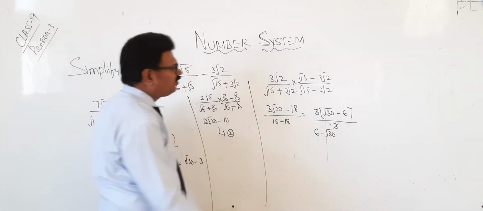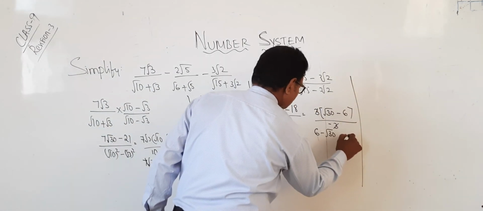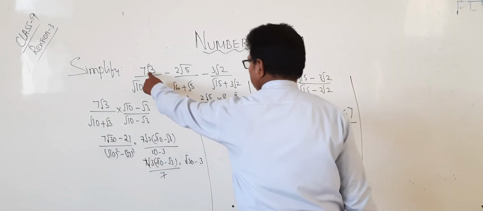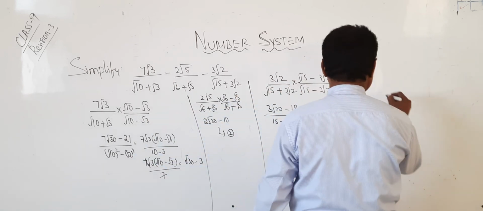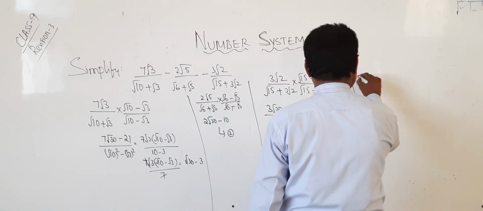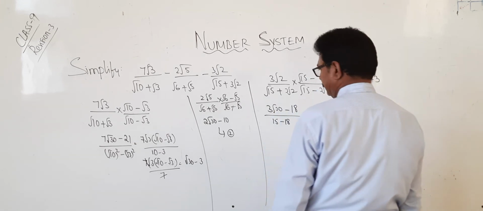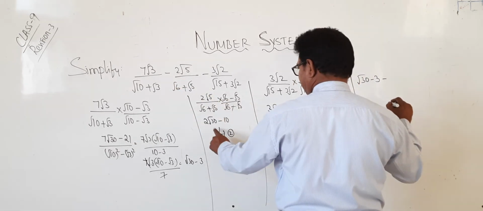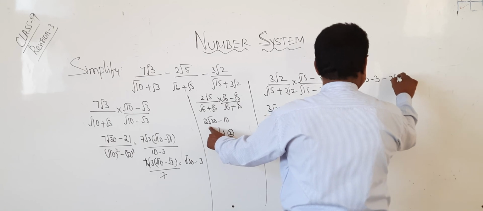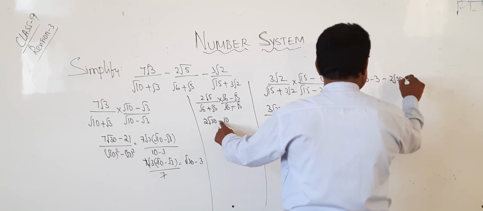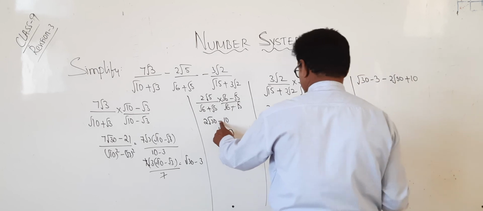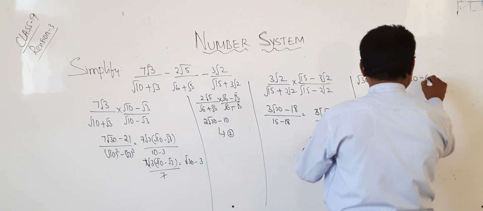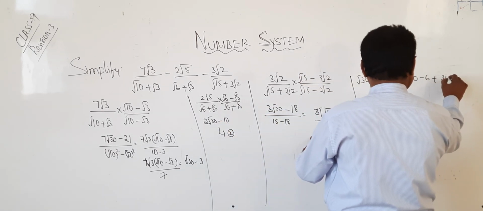Yes, this is third one. Now take one by one. First one, that is root 30 minus 3. Second one, that is minus is there, minus 2 root 30 plus 10. This is minus 6 plus root 30.